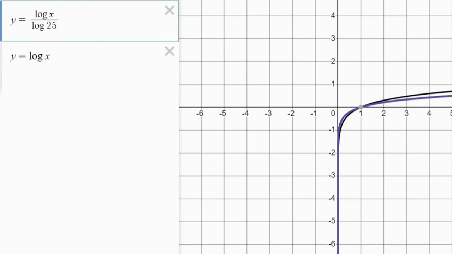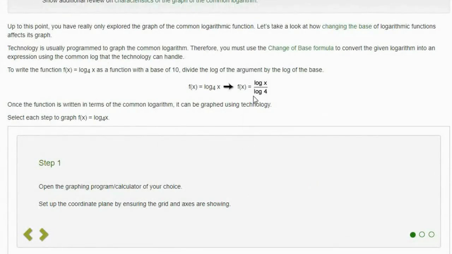Base 25 actually gets closer to the x-axis. Base 250, somewhere. Log base 250 of x gets really, really different. It's more of a sharp curve where it curves and stays lower to the x-axis. So that's how we can graph different bases.